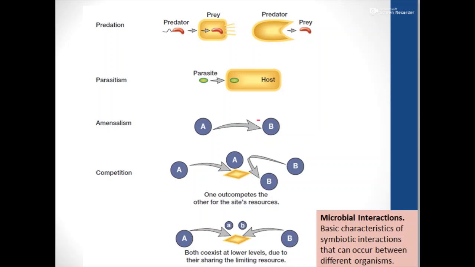This sulfuric acid can inhibit the growth of various other microorganisms in the environment. That is also a case of amensalism. So by the production of certain microbial substances as well as antibiotics, they inhibit the growth of other microbes. That is a case of amensalism.